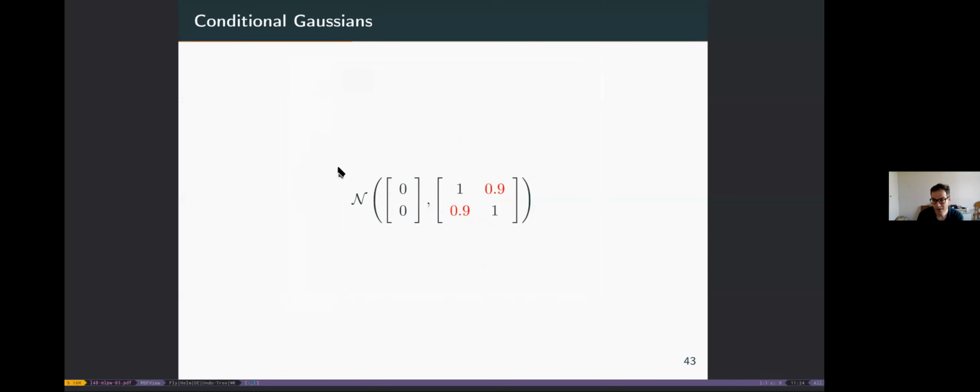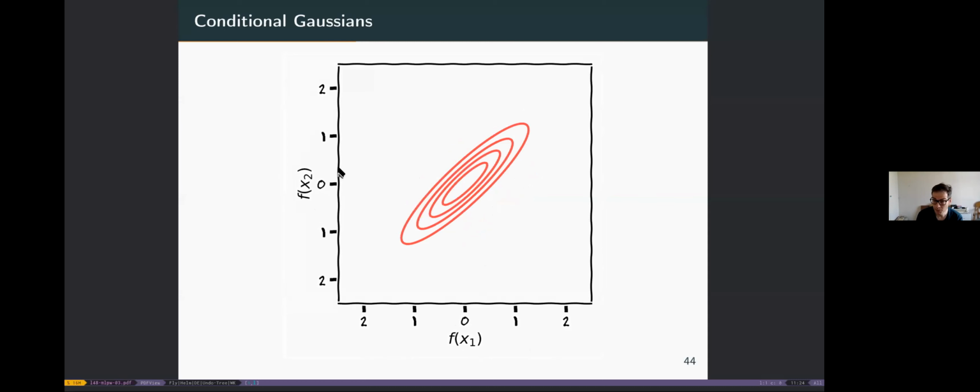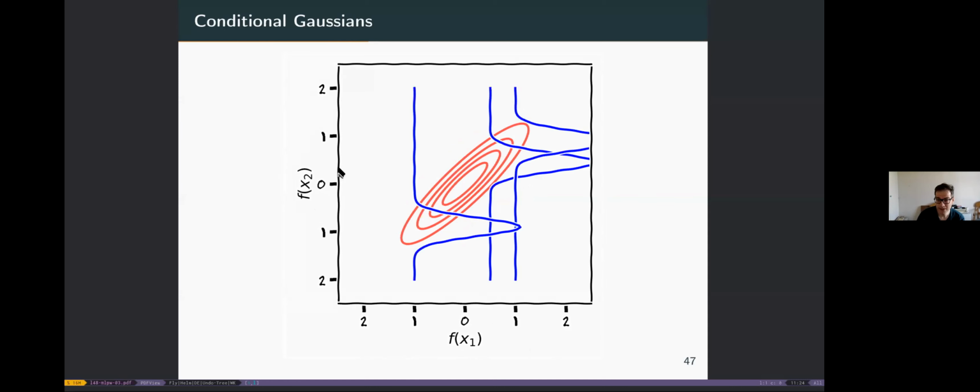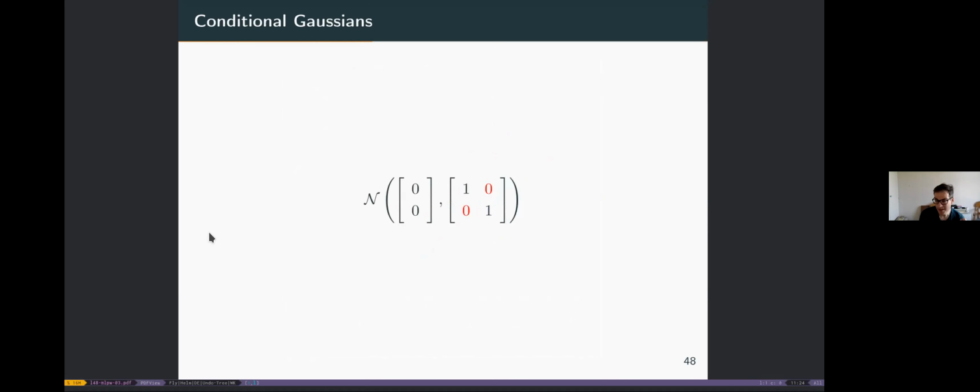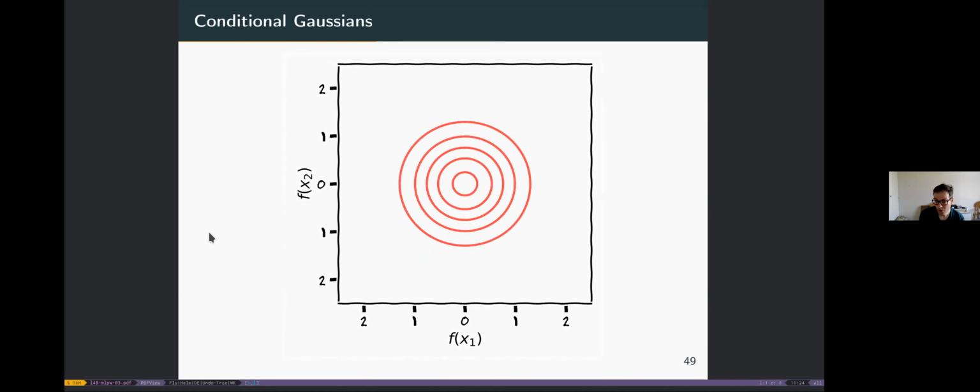Now, of course, if I make the covariance element higher, I get a joint distribution which is much more peaked, and the information between the two is much, much stronger. If I know it's -1, then I get a distribution which is very peaked around -1 for the other. If I instead make it independent, so I make it 0, of course, now no information is transferred.